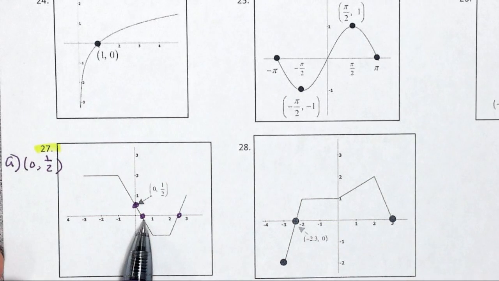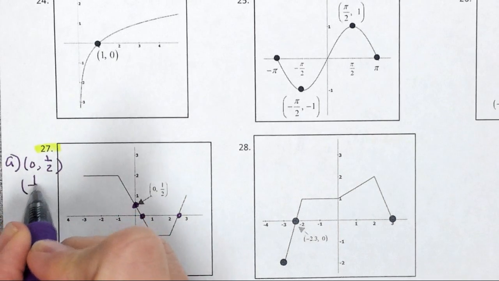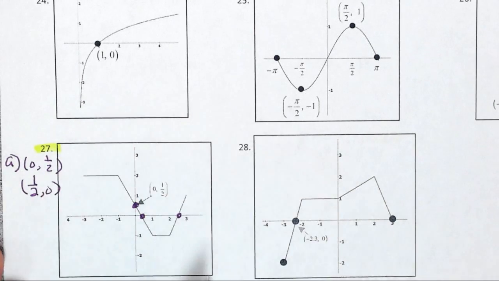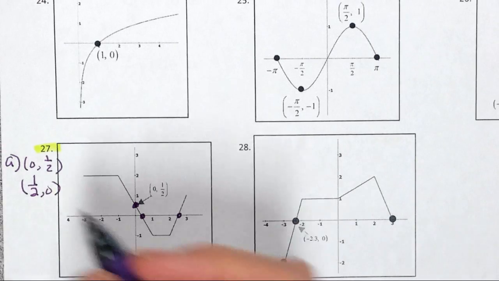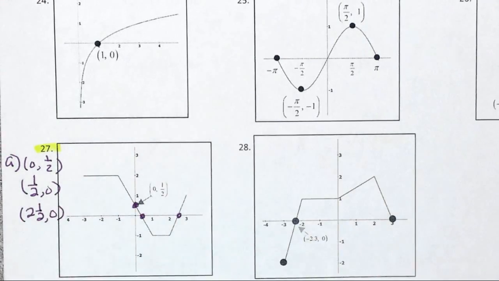It touches the x, it's between 0 and 1, so what would you call that? Yep, 1/2, 0. And the one between 2 and 3? 2.5, 0. Anything hard about that? Nope, not at all.